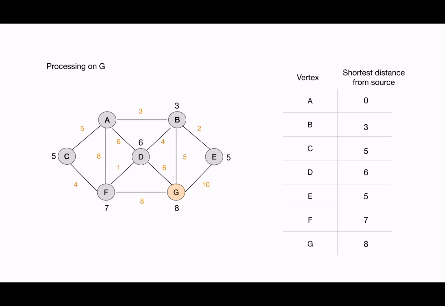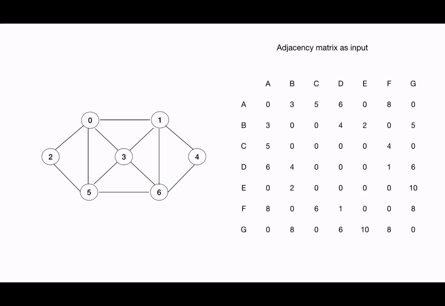Now, before jumping into the code, let's talk a bit about how we're going to have this data. See here, we will have a matrix where the rows and columns of this matrix will represent the vertices. You can see A, B, C, D, E, F, G. These are the vertices, and the values in this matrix are the respective distances from one vertex to another vertex.